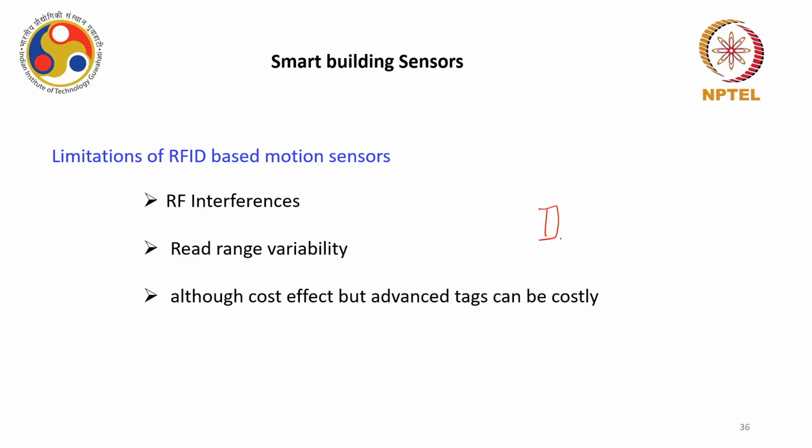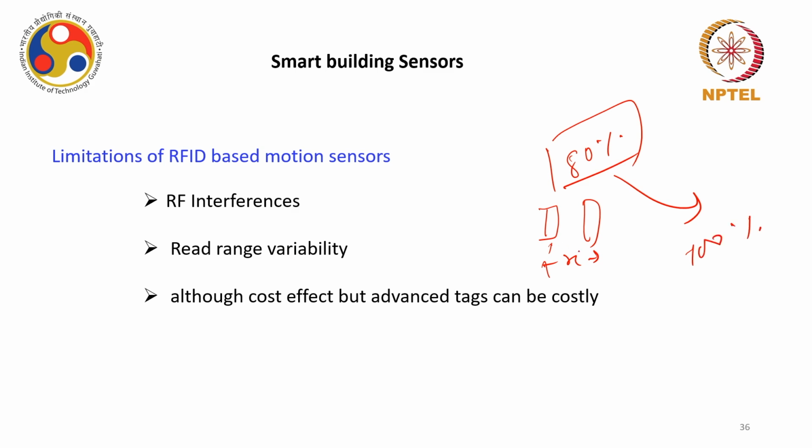Earlier, say you were able to sense the presence of an RFID tag on an object with a reader at a distance x, and this was at humidity say 80%. If the humidity rises to say 100%, the distance x required between the reader and the object carrying the RFID tag will change, and now it may be x plus delta x.